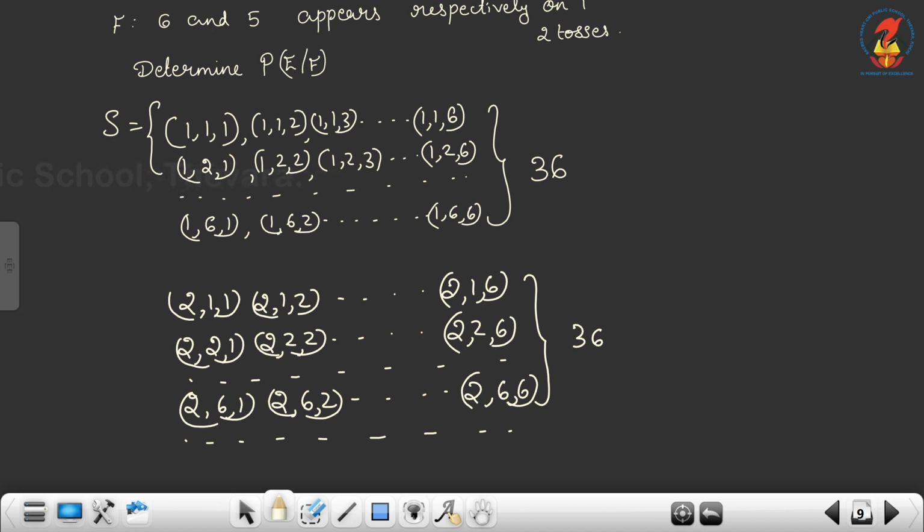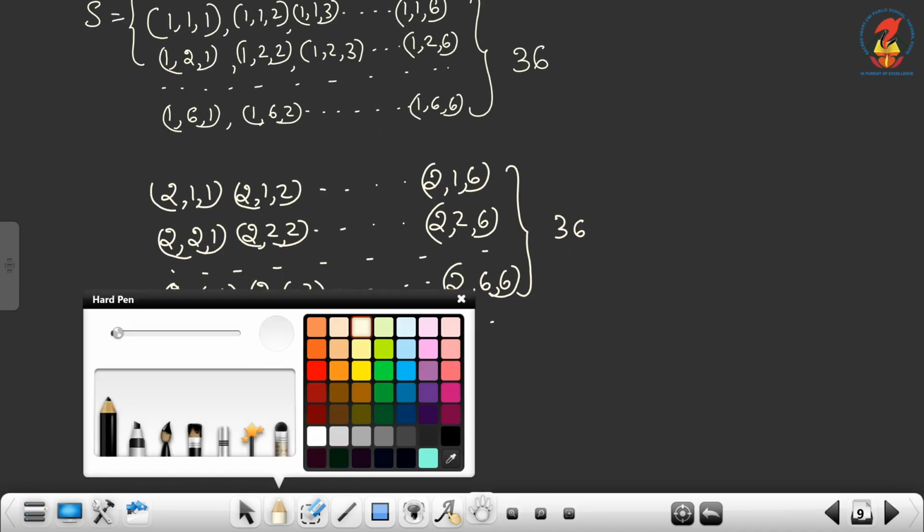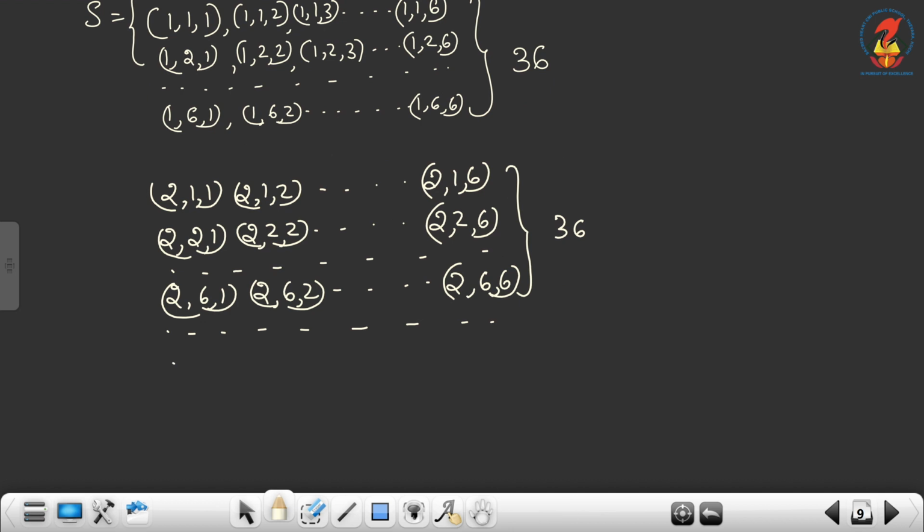Then like that 3, first element 3, first element 4, first element 5. Then last is first element 6. So total how many are there? Total 216 are there. Okay. All these elements it is not possible to list. So 6, 1, 1; 6, 1, 2, etc. 6, 1, 6.